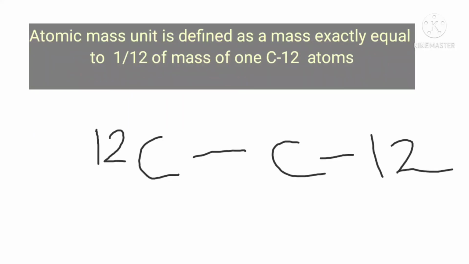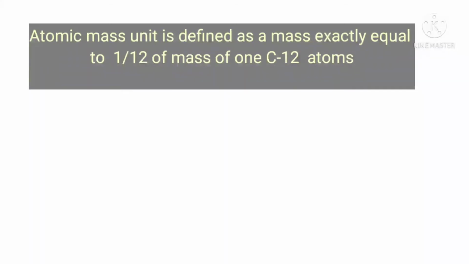In this scale, the carbon-12 isotope has been assigned an atomic mass of 12 atomic mass unit, or AMU. The atomic mass unit is defined as a mass exactly equal to 1/12th of the mass of one carbon-12 atom. Or we can say the mass equal to 1/12th of the mass of a carbon-12 atom is called one atomic mass unit.